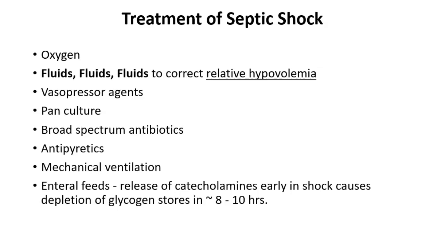We use it at a low dose, and remember, norepinephrine has to be carefully used in those with coronary artery disease. And then if that is not working to increase perfusion, then IV corticosteroids do have a place.